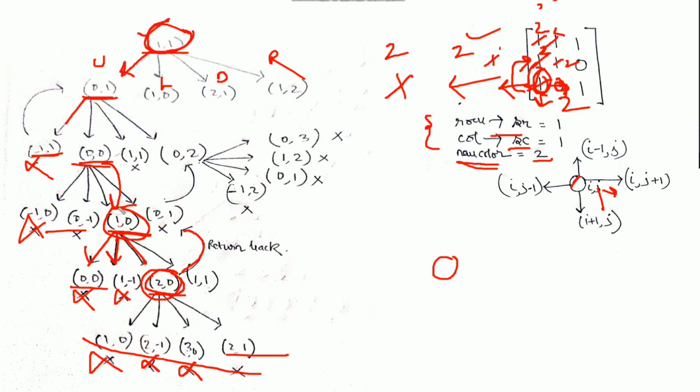So we will move to the caller of 1 comma 0, which is 0 comma 0. Now from 0 comma 0, we have already traversed it completely. Now we will look for 1 comma 1. 1 comma 1 is also visited. Now 0 comma 2. So 0 comma 2 is this location.